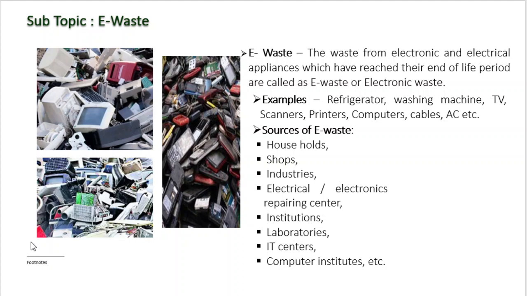The first one is lead. Lead is found in solder, CRT monitor glass, lead acid batteries, and some formulations of PVC. Another one is tin. Tin is found in the solder coating on computer component leads. Copper.